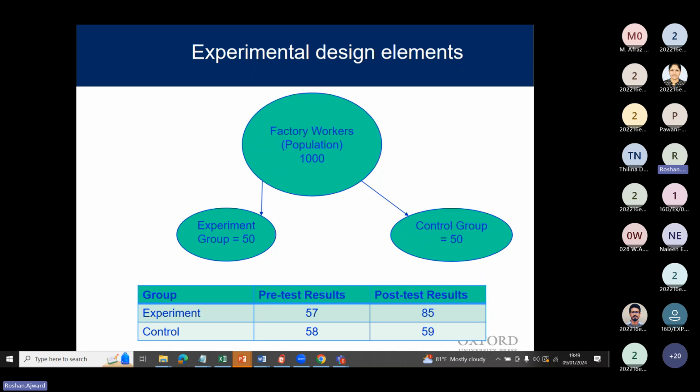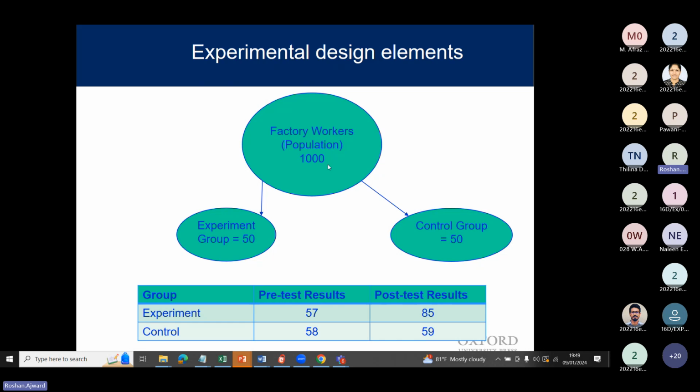So rather than giving the program to 1,000 employees, he tells the consultant to train 50 employees first. He takes 50 employees randomly out of these 1,000 and trains them. Now look at this very carefully.